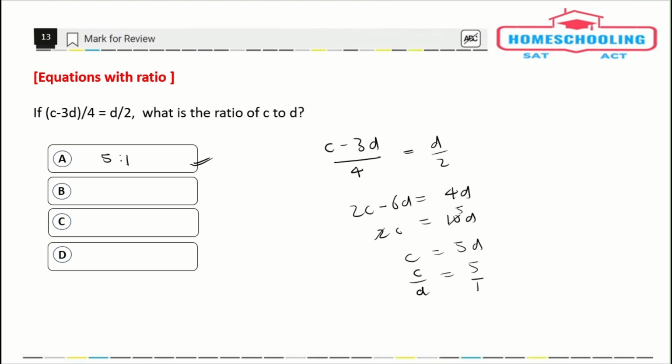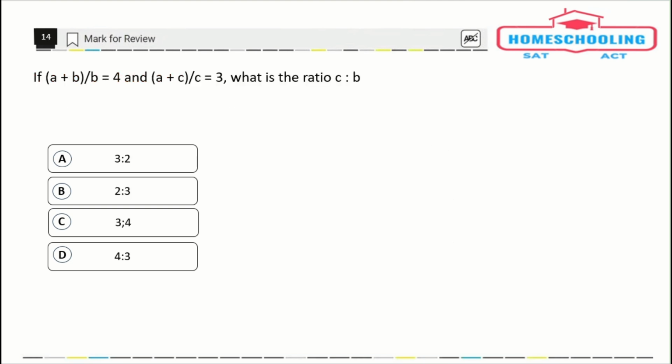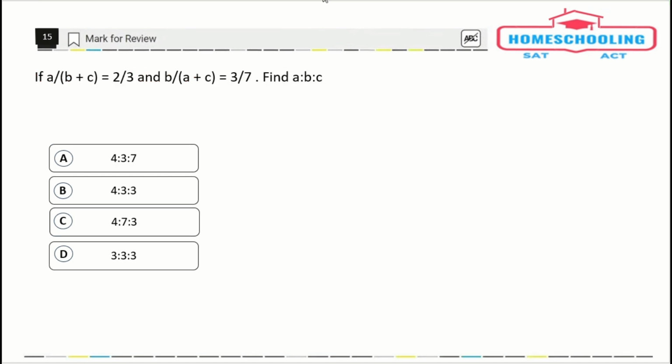Now moving to the next question. In this question, it is given that A divided by B plus C is 2 divided by 3, and B divided by A plus C is 3 divided by 7.